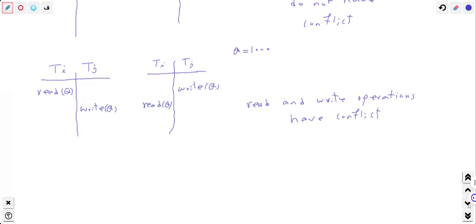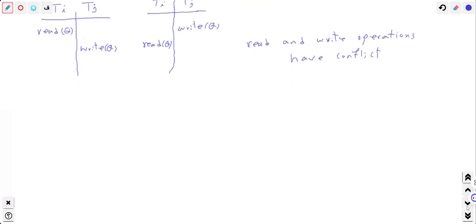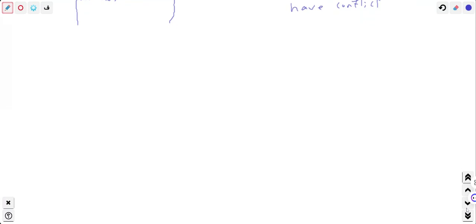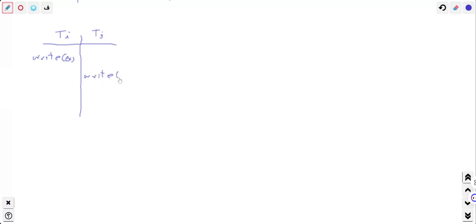What about two write operations? If two transactions want to write: Ti wants to write Q, and Tj also wants to write Q, but Tj writes Q after Ti.